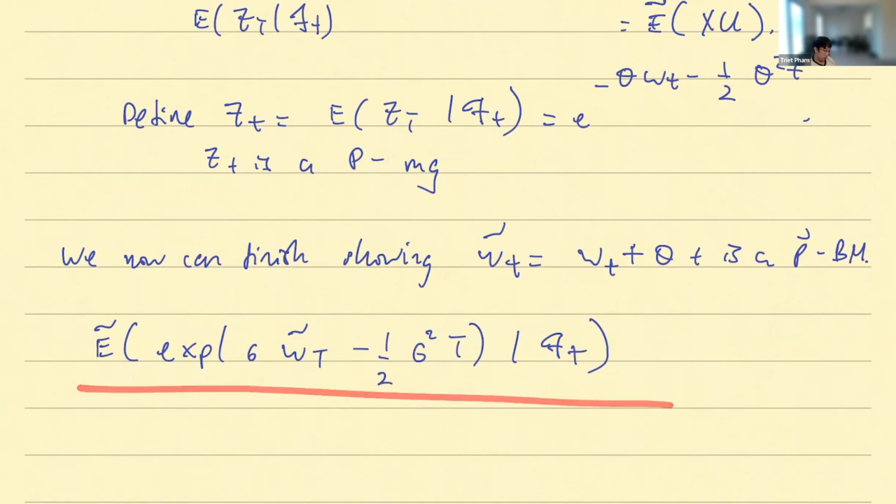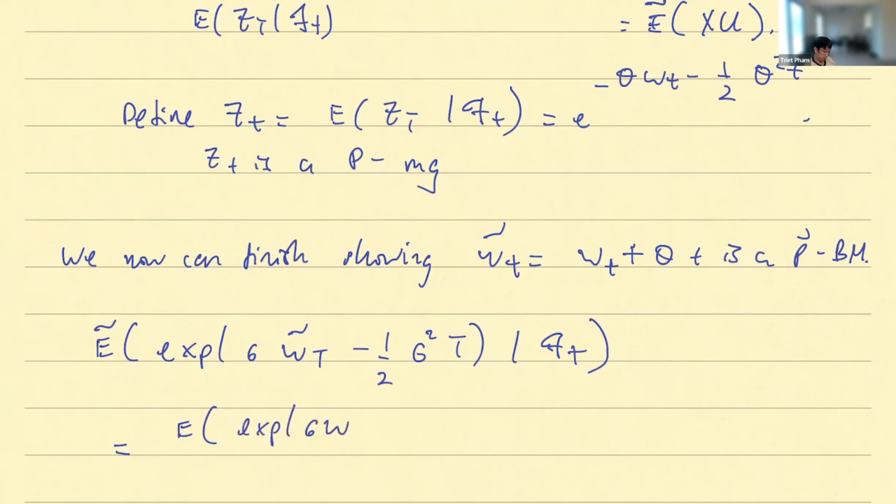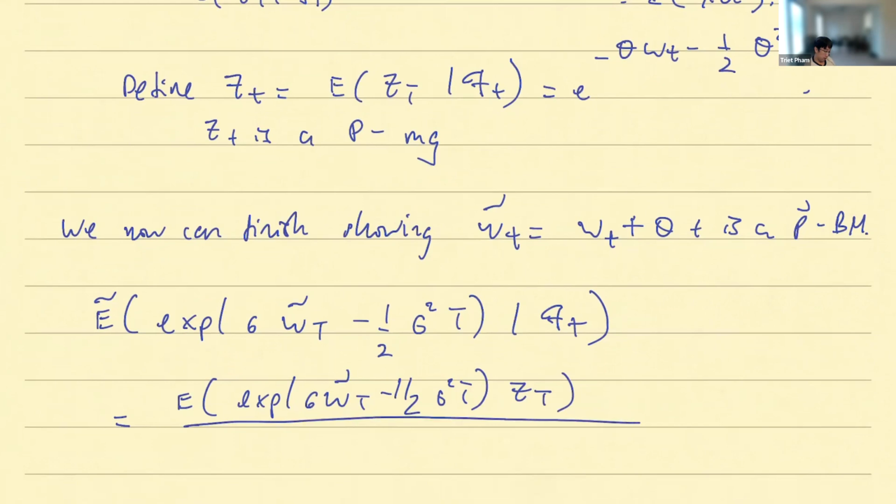So anyway, let's compute this. By our discussion above, this will be the expectation of this exponential, multiplied by Z big T and divided by Z little t. The bottom is just Z little t. What about the top?